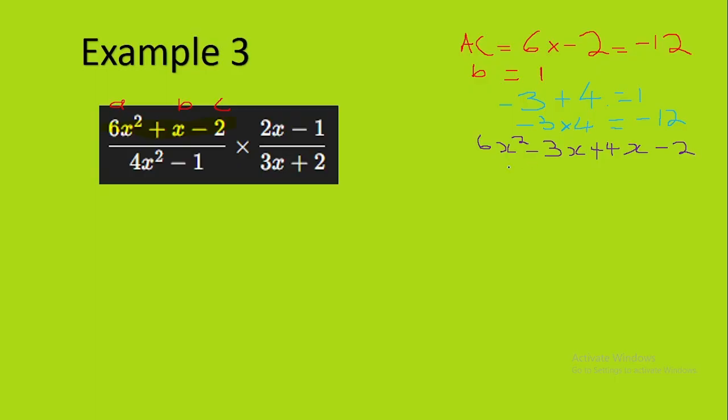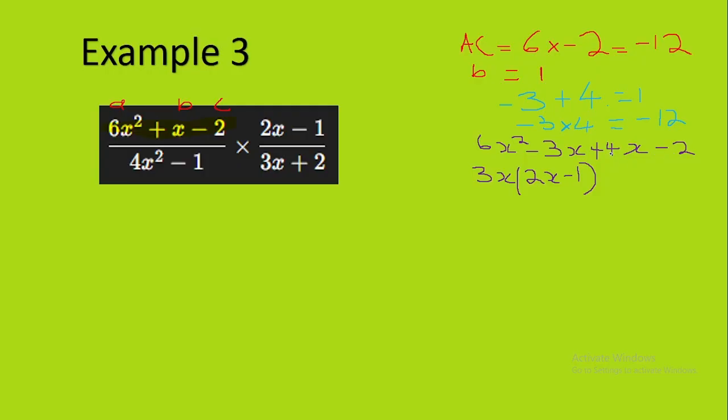So factoring that out by the first two terms, we can get a 3x out of it. If we take a 3x out of the first two terms, we'll be left with inside the bracket 2x minus 1. And for the second bracket, the next two terms, we have 4x minus 2.